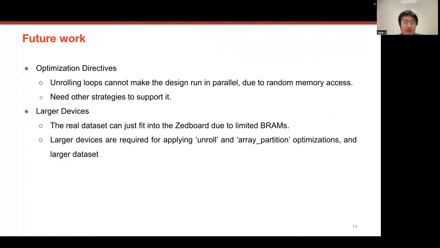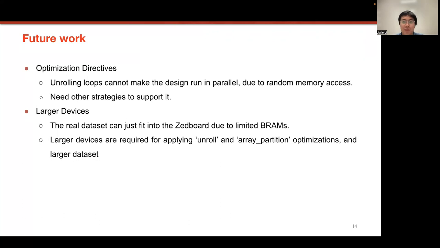Okay, so we still have some future work to do. First is about the optimization directive. For now, we haven't successfully inserted the unrolling and the pipelining directives into the design due to the random memory access. That is, it's not the same as the standard convolution or matrix multiplication where we can have a fixed pattern to access memory.